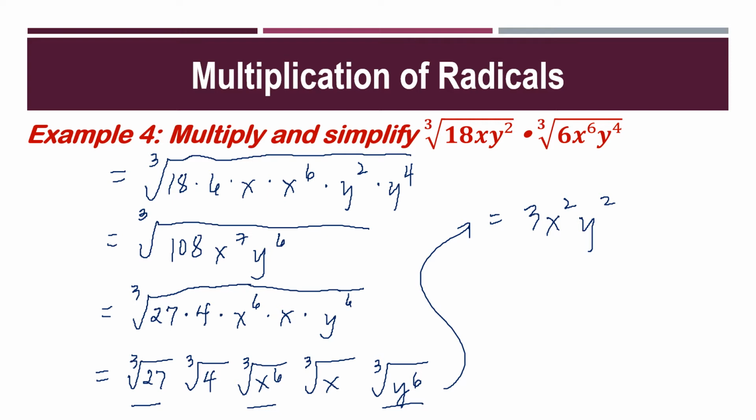Now, 4 and x will be left inside the radical sign, so we have the cube root of 4x. This is now our product: 3x squared y squared times the cube root of 4x.